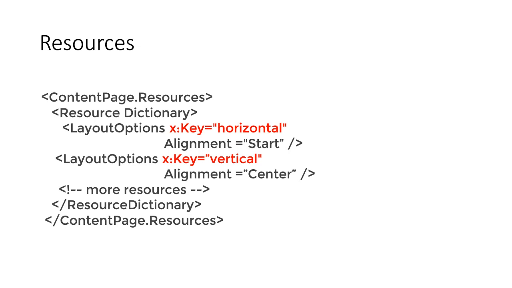A horizontal with a value of start means all the way on the left. The second layout option we have here is vertical, and its alignment is center. And you can have many more resources below that. Resources can go at the top of your XAML page and will apply to that page, or you can create a set of global resources that apply to every page.